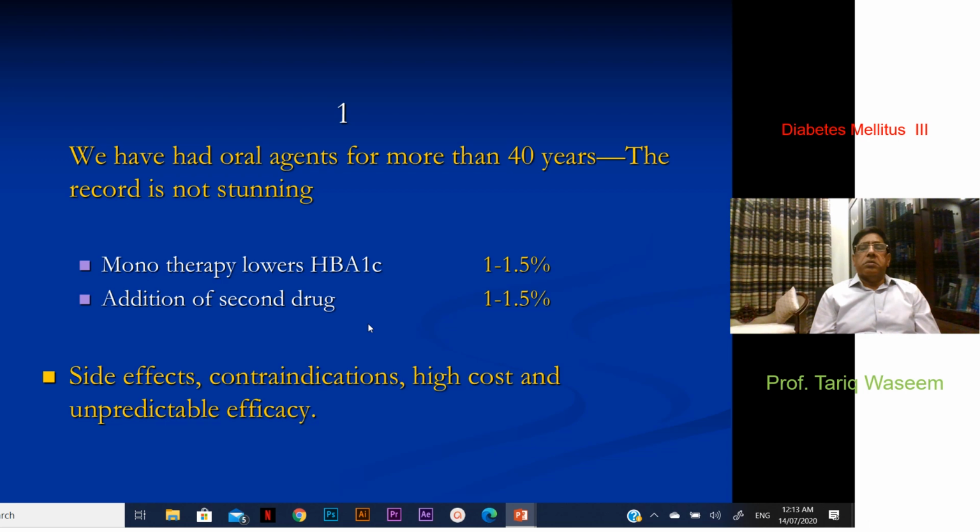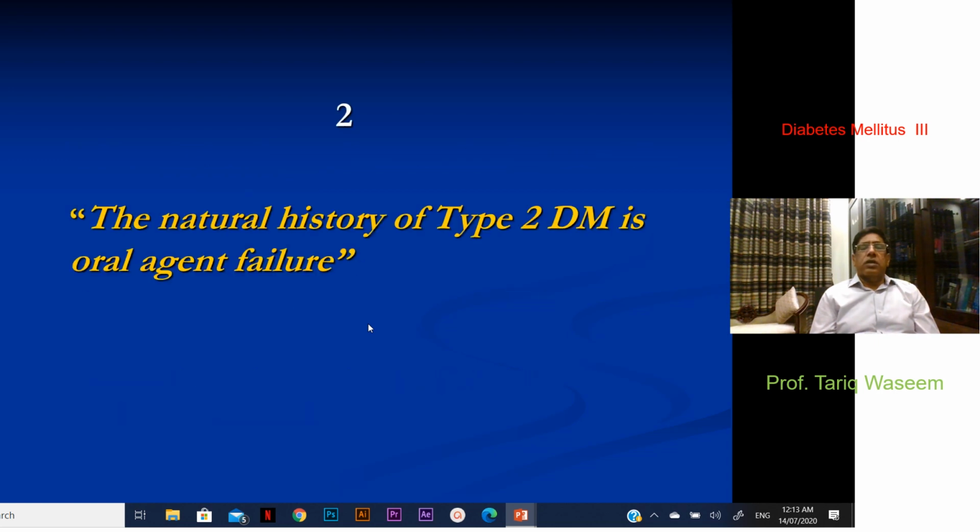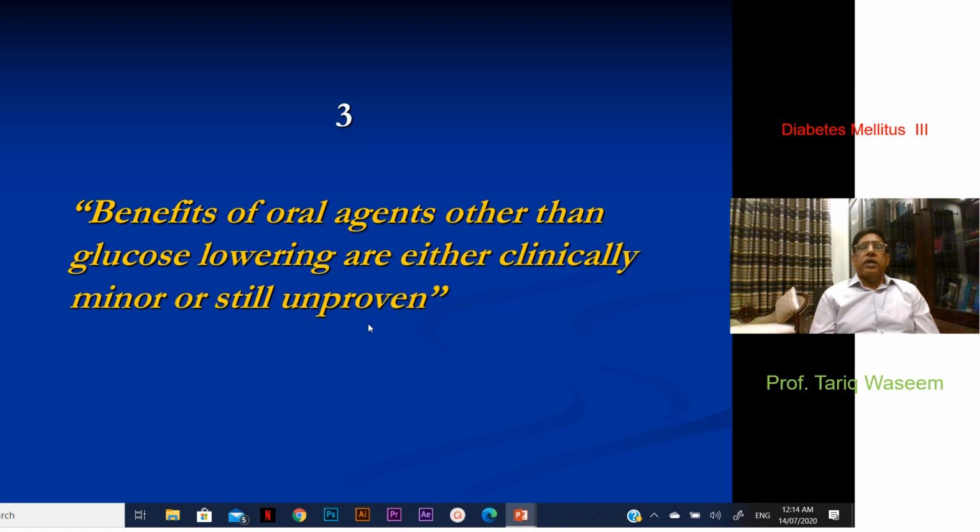Adding a second agent may have a beneficial effect, not exactly doubling the effect, but at least an additional glycemic control achievement of around 0.5 to 1% of HbA1c lowering. But when you add drugs, you have to be careful about their side effects, their contraindications, and of course their costs as well. So as we said, the natural history of type 2 diabetes mellitus is oral agent failure, so you have to consider insulin at some stage.